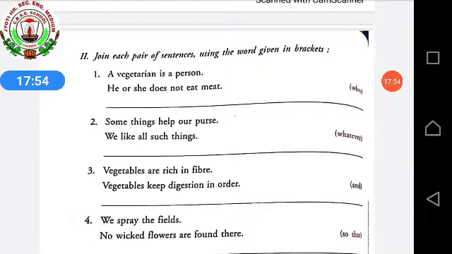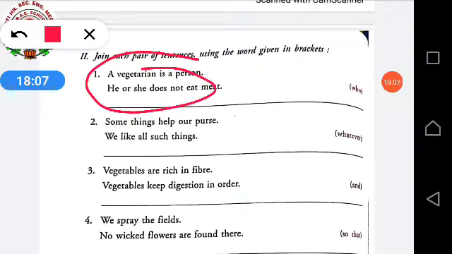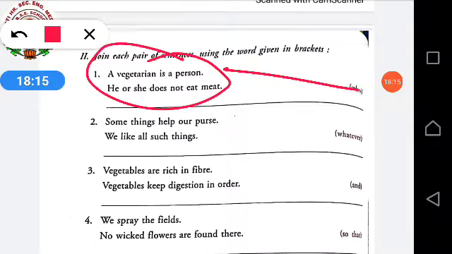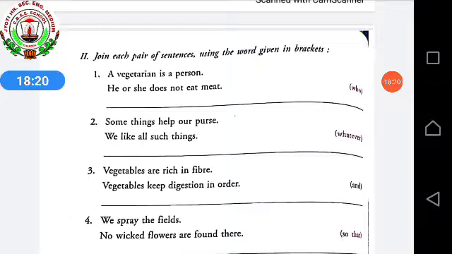Because you have to join the pair of sentences using the word given in the bracket. These two sentences you have to join using this word which is given in the bracket. Who.